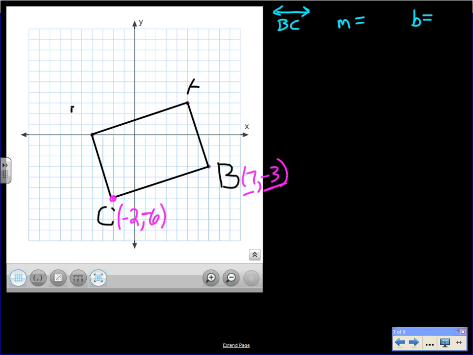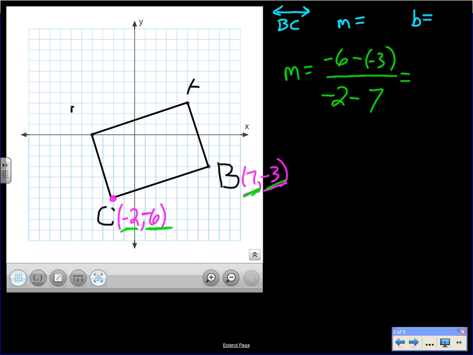So in order to find the slope, let's go ahead and calculate that using the formula. Let's let this be the y2 minus y1. And we're going to have x sub 2 minus x sub 1.